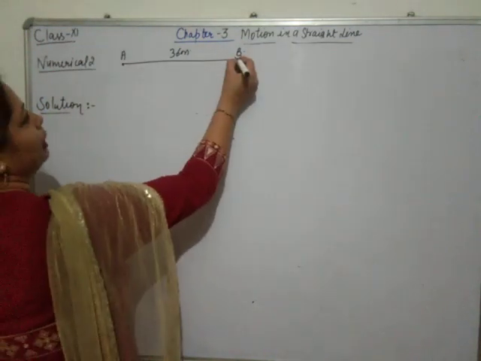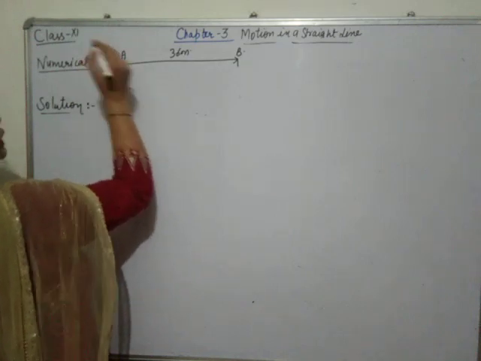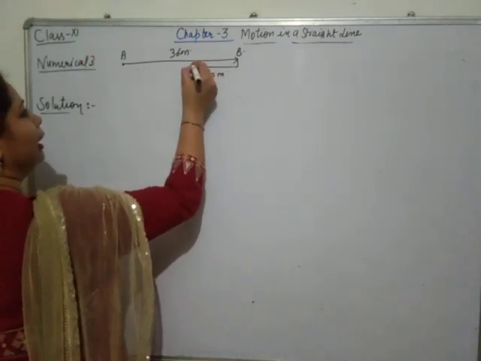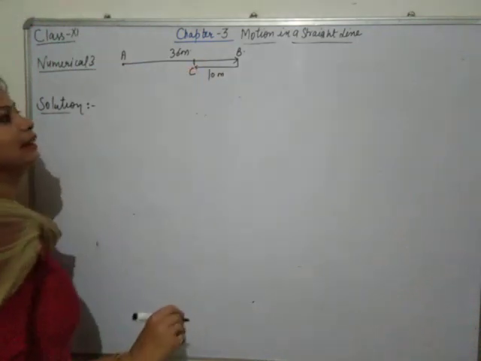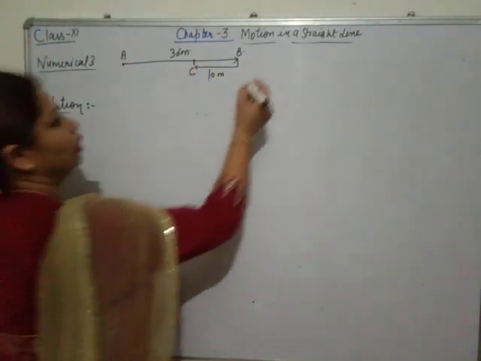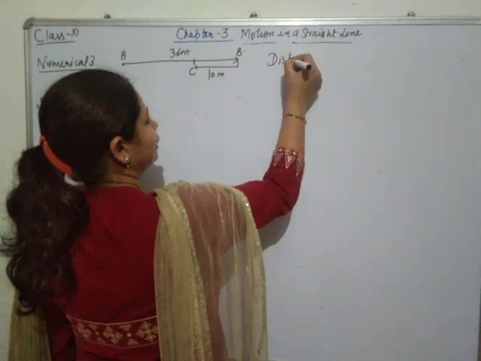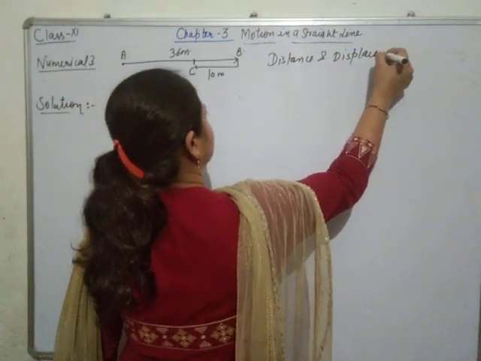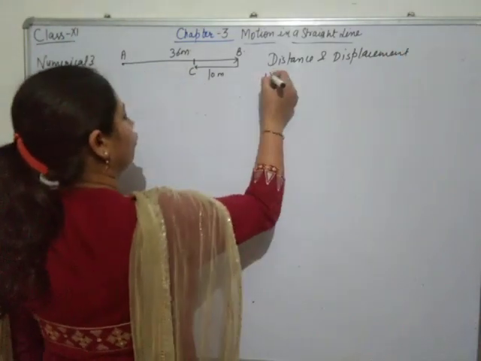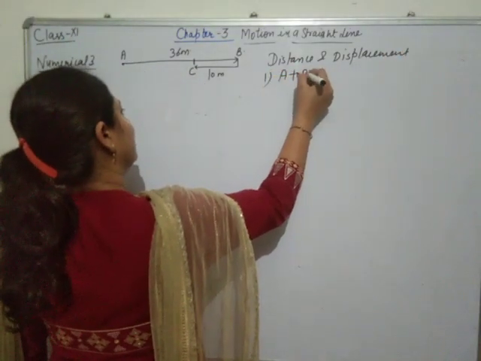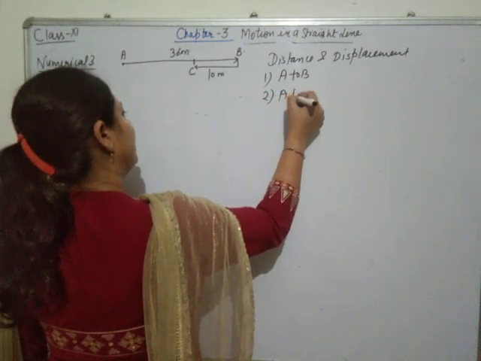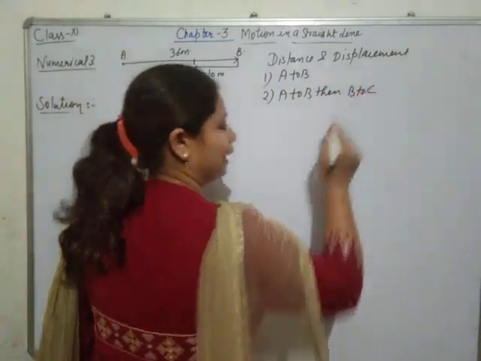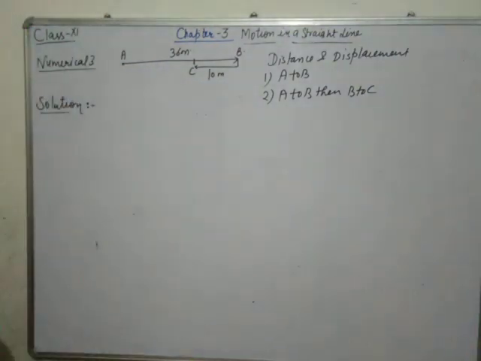It turns back means that is from B to A. It covers a distance of 10 meter, reaches another point that is C. We have to find out distance and displacement from A to B, and in second case from A to B, then B to C, means finally from A to C.